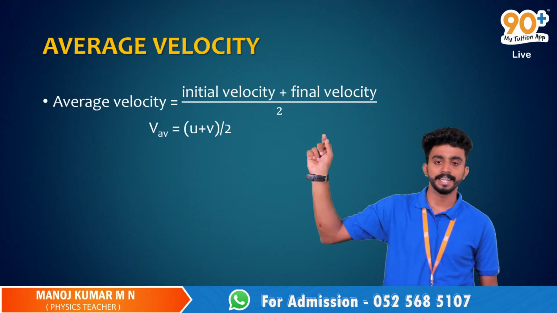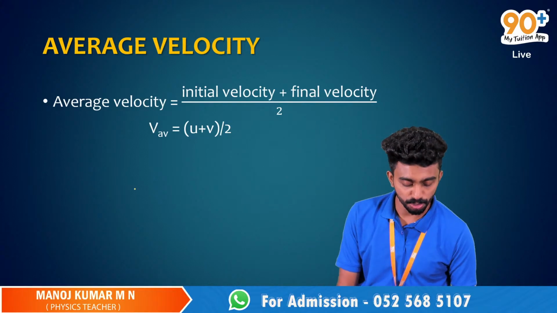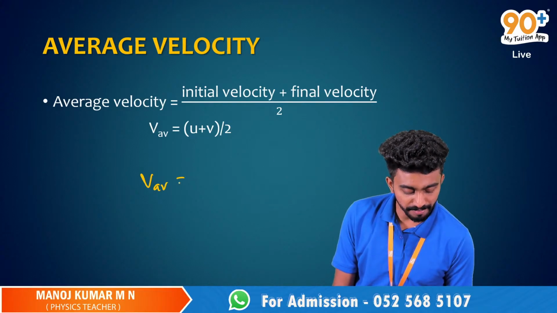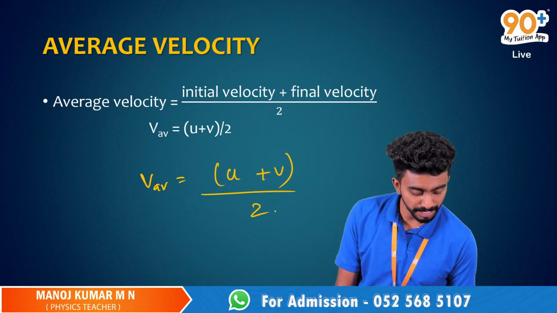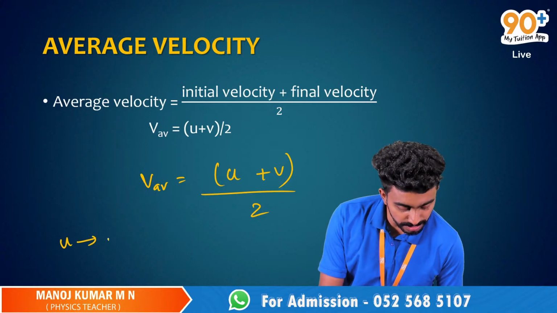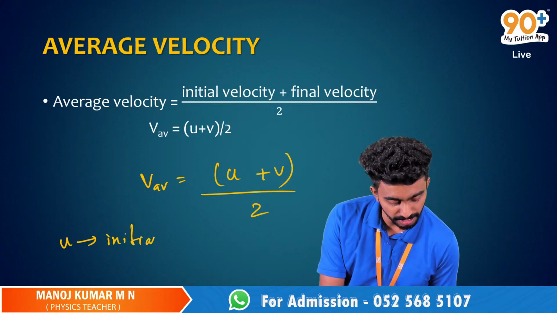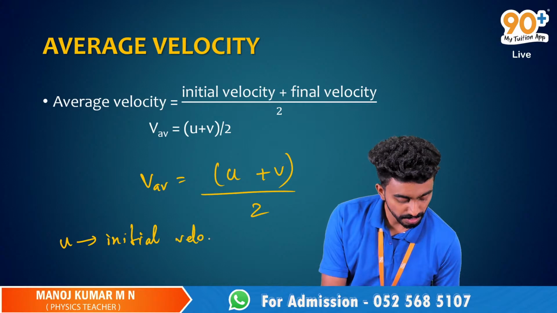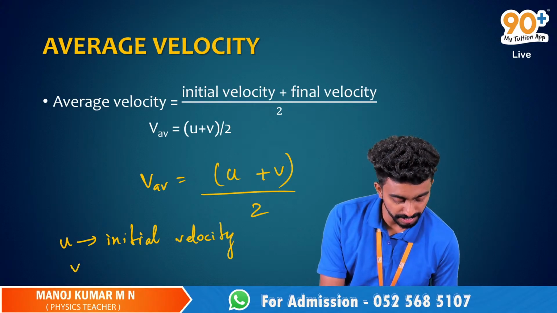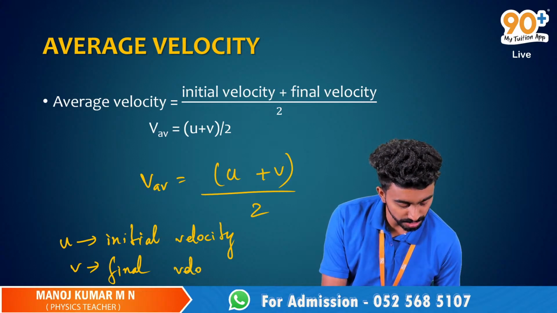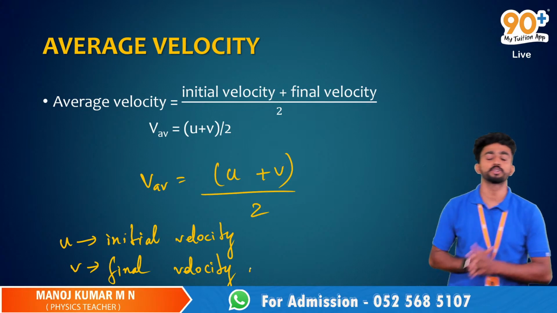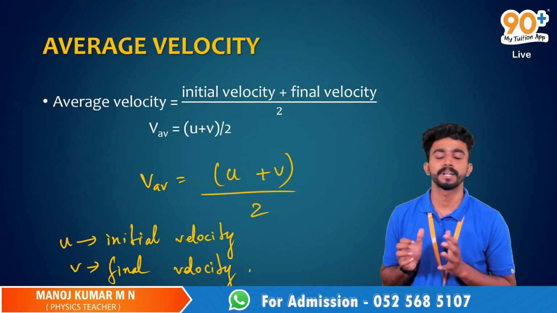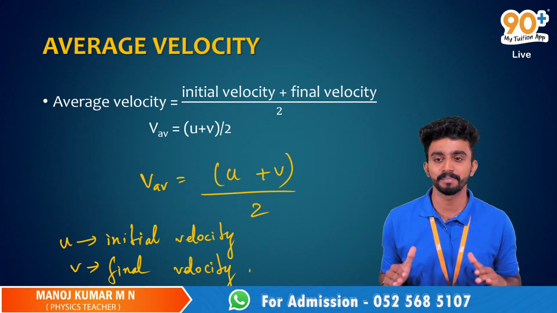So V average is equal to U plus V divided by 2, where U is the initial velocity and V is the final velocity. Everyone note down the equation.